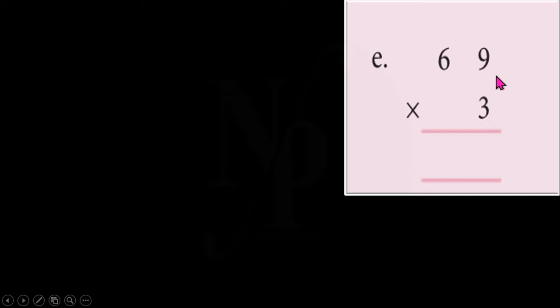Let's multiply 69 by 3. 3 9s are 27. We write 7 in one's place. 2 tens are carried forward to tens place. 3 6s are 18. 18 plus 2 is 20. 207 is the product of 69 and 3. Now let us move to the next question.